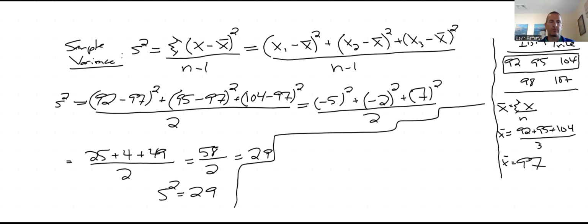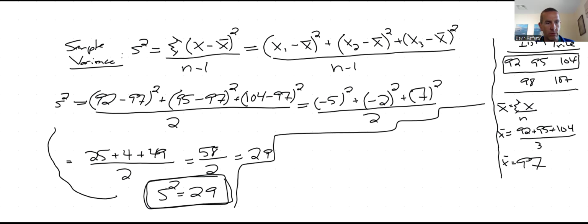Now, if the sample variance is 29, let's see what we get for sample standard deviation.